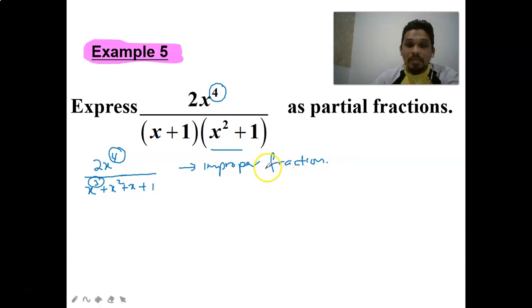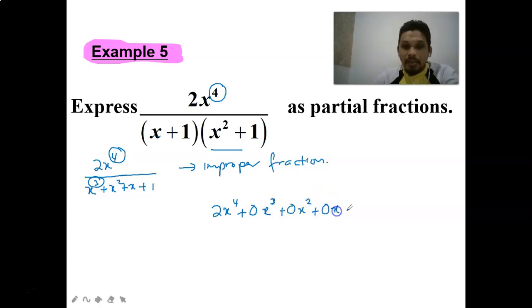So we cannot simply come out with a process of partial fraction unless we form it into a proper fraction by using long division. So 2x to the power of 4 plus 0x cubed plus 0x squared plus 0x plus 0, and divide by x cubed plus x squared plus x plus 1.